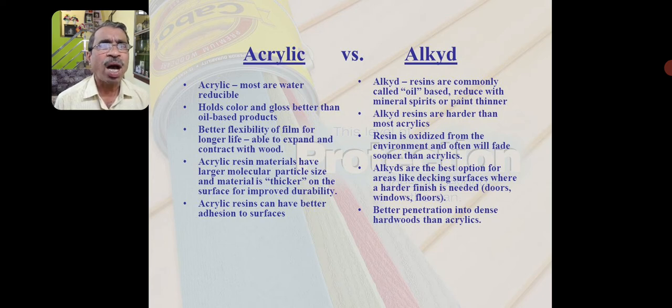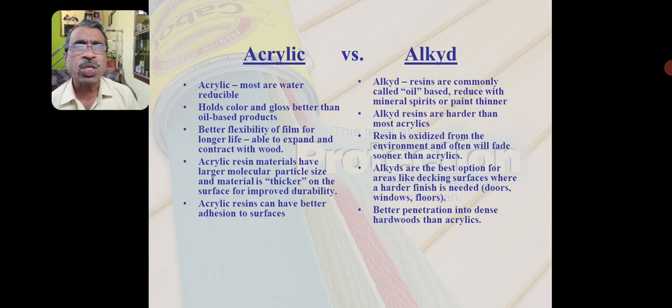Alkyd resins are harder than most acrylics. Acrylics have better film flexibility for longer life, and they are able to expand and contract with wood, whereas alkyd resins oxidize from the environment and often fade sooner than acrylics.